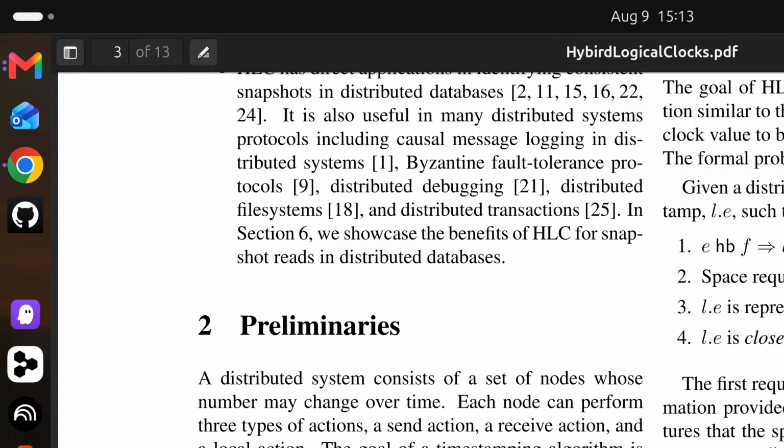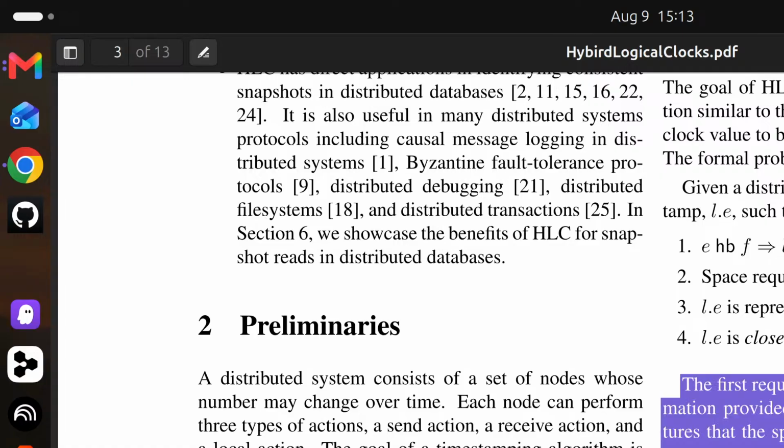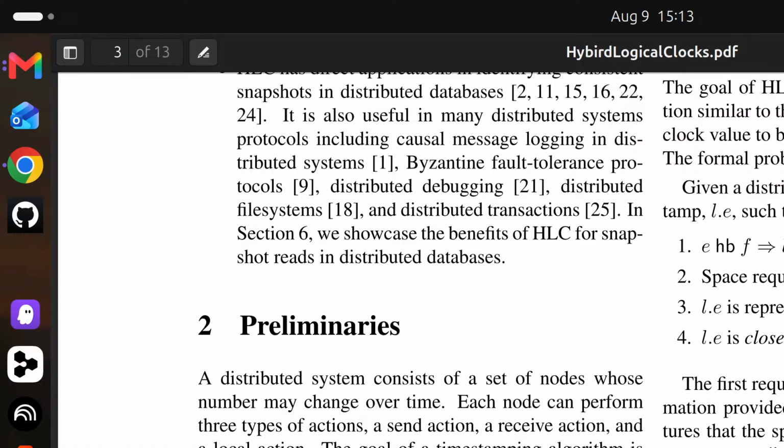For example, we use LC, logical clock, to denote the logical clock algorithm by Lamport, and use lc.e to denote the timestamp assigned to event E by this algorithm.